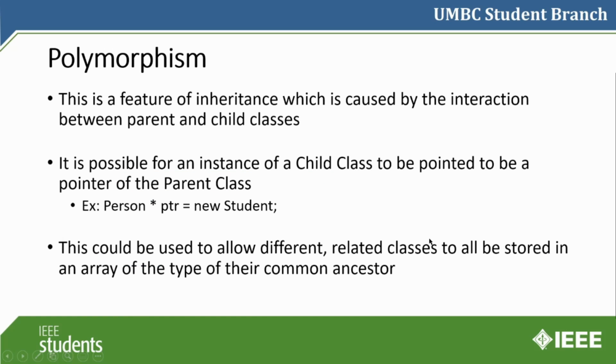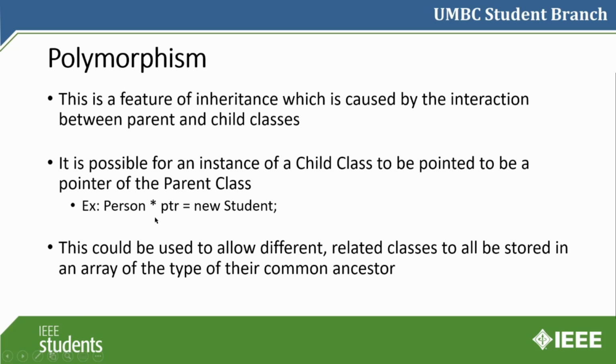So the last thing about inheritance that we're going to talk about is polymorphism. This is something that is a pretty dense subject. We're not going to be going very deep into it, but a general explanation is that it allows you to refer to child classes as the parent class through pointers.